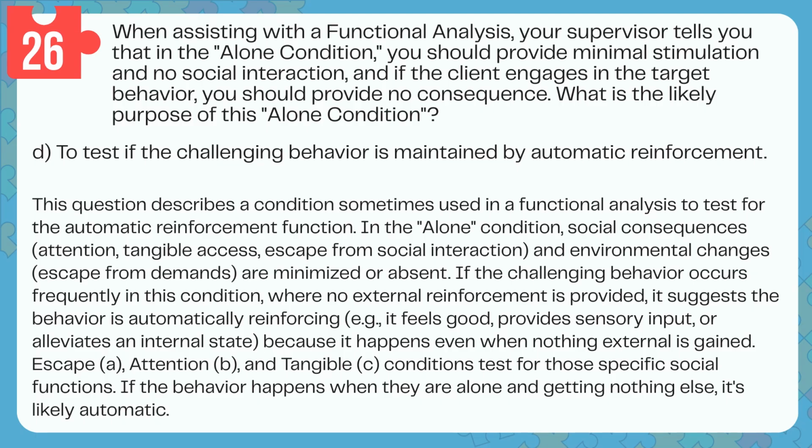If the challenging behavior occurs frequently in this condition, where no external reinforcement is provided, it suggests the behavior is automatically reinforcing. Example: it feels good, provides sensory input, or alleviates an internal state. Because it happens even when nothing external is gained.